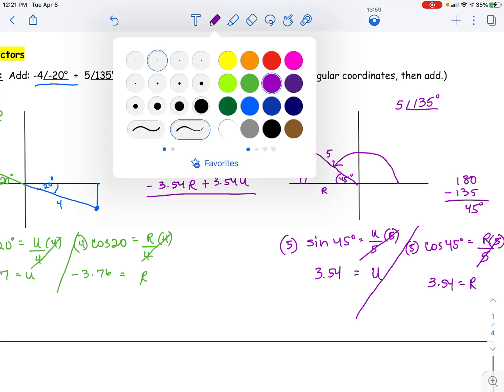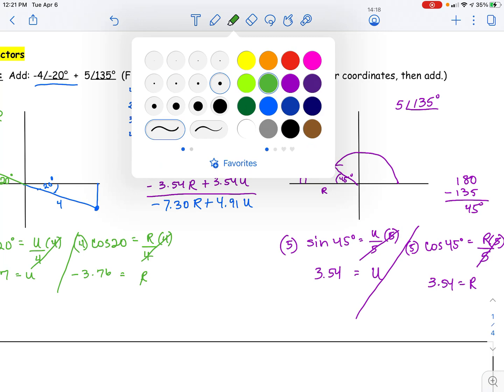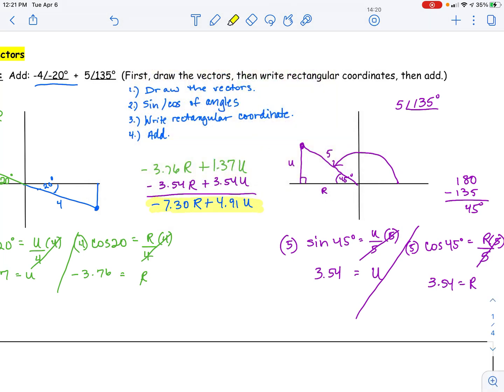All right, so here's the fourth thing we're going to do. Right in your step, you're going to add them. And when we finish with that, you're going to end up with negative 7.30 right plus 4.91 up. And actually, this is your answer right here. And you can box that in.